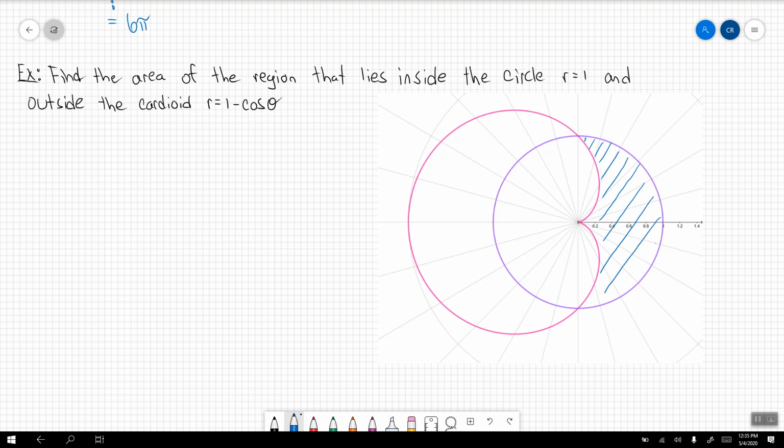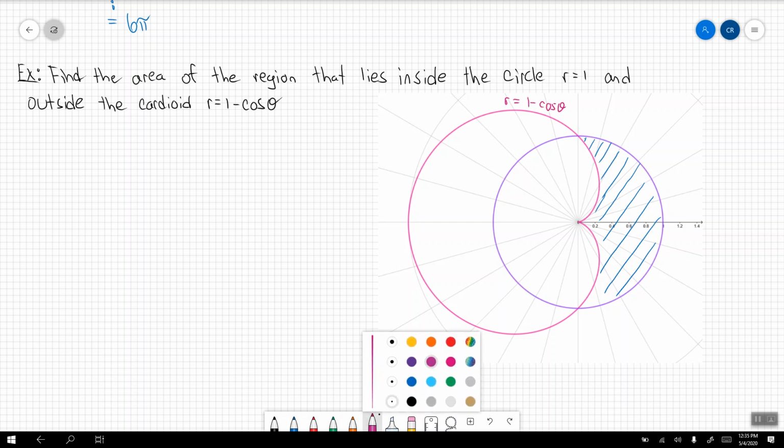Now, if you're watching on screen, I went ahead and imported the graph here. And I want to find this specific area right in here. So this here is r is equal to 1 minus cosine of theta. And this other one here is r is equal to 1.